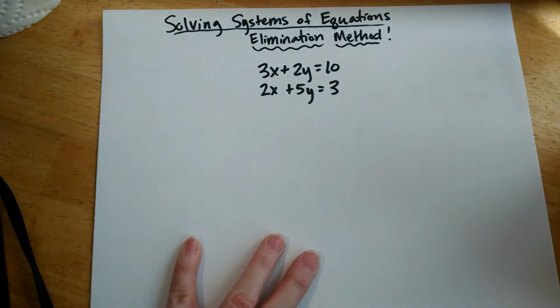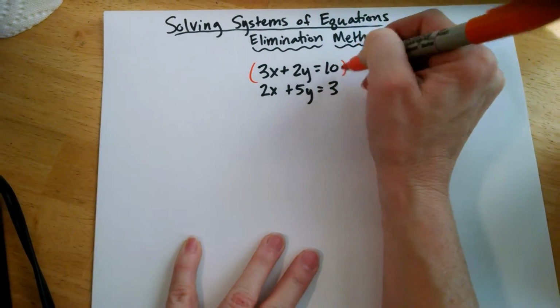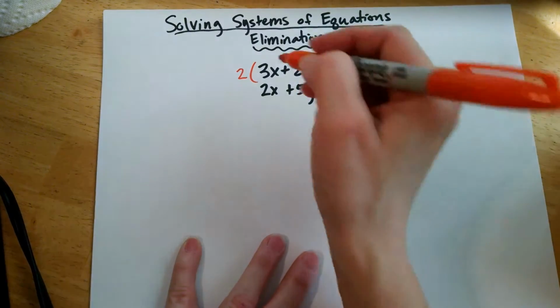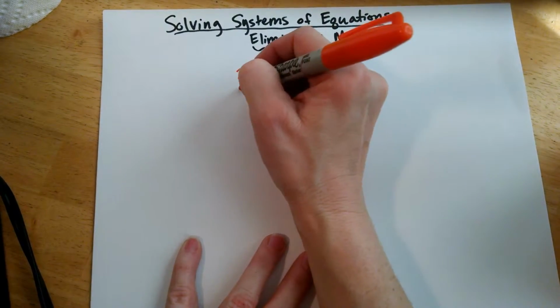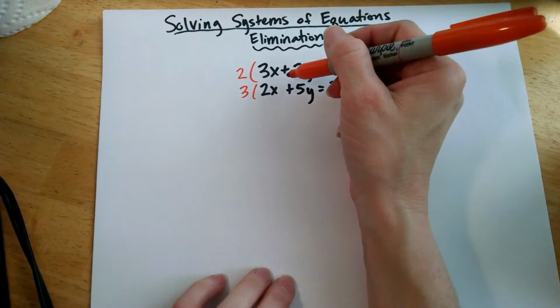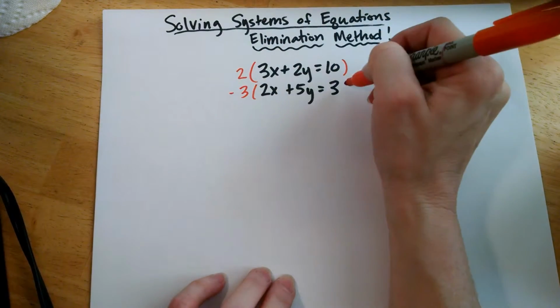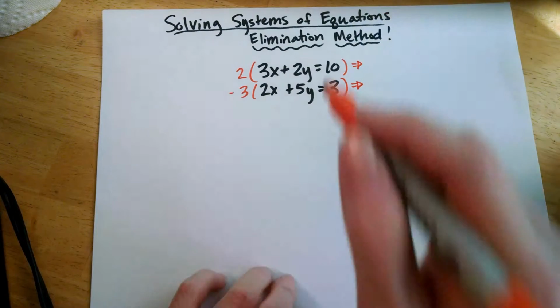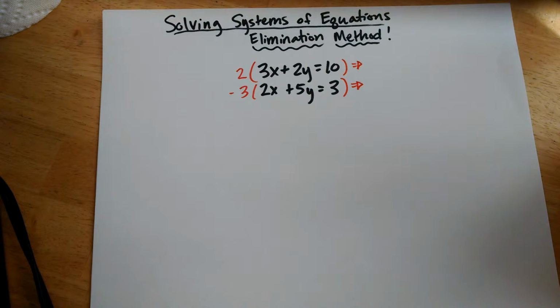So if I multiply this first equation all by 2, and this next equation all by 3, but remember one of the signs has to be negative, so I'm going to multiply this by -3, then my coefficients will match for those x's and be the opposite signs.